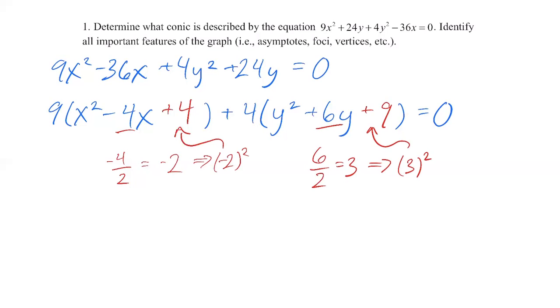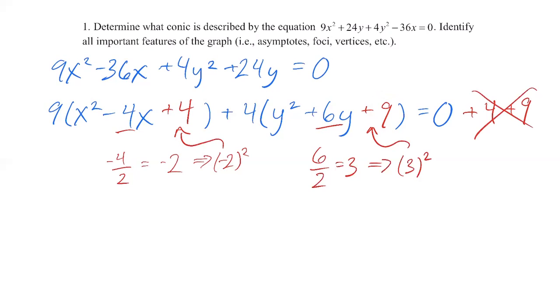Now, it is the golden rule of mathematics that whatever thou dost to one side, thou must do to the other. So if we added a 4 here, and if we added a 9 here, it must be that we need to add the same quantities over on the other side. So it's very tempting to say that we would do plus 4 and plus 9 over here. However, my friends, this is wrong.